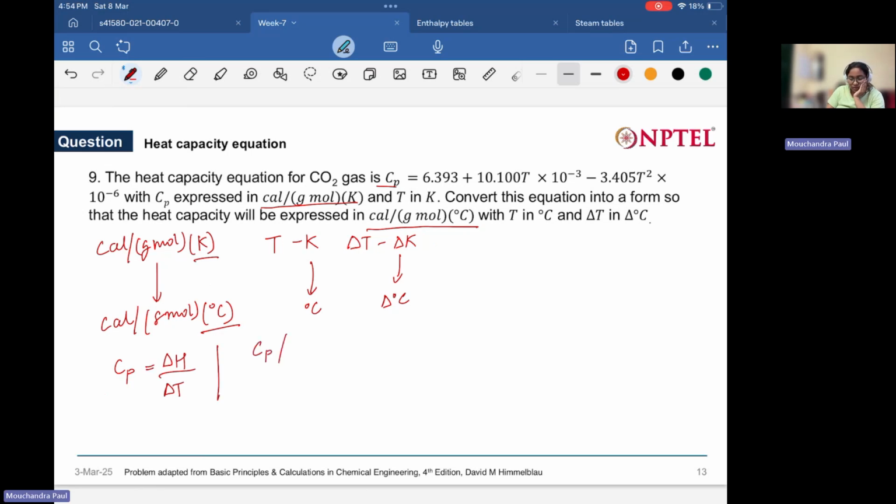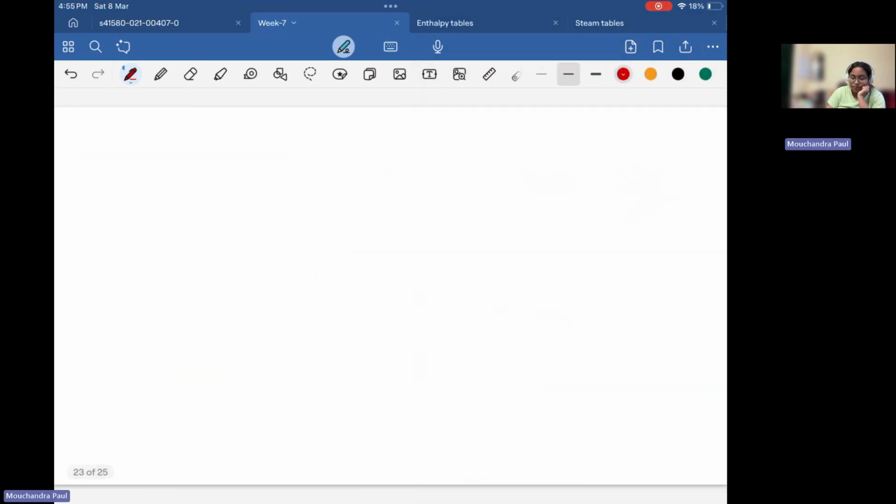So Cp in calories per gram mole per delta Kelvin. This is the given form. We have to convert it to calories per gram mole per delta degree Celsius. Right? This is what we have to do.